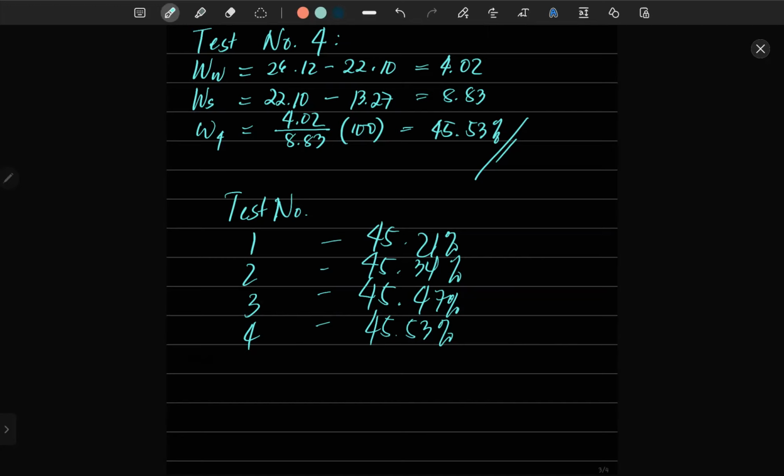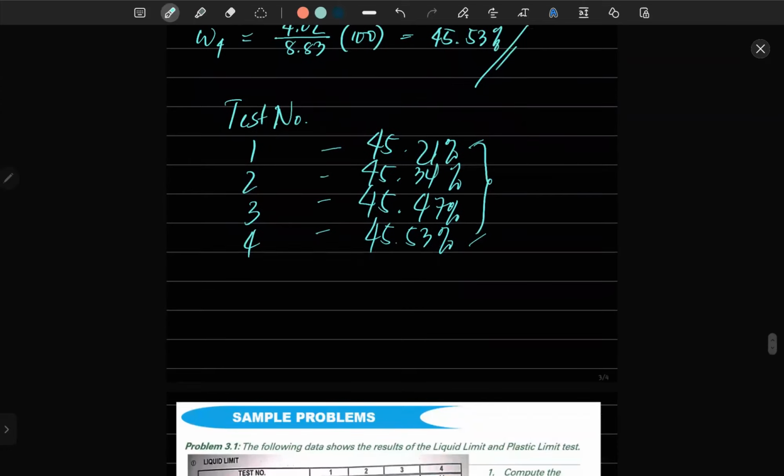So the moisture content is increasing as the number of blows is decreasing. Okay, so we can plot this on a semi-logarithmic chart.